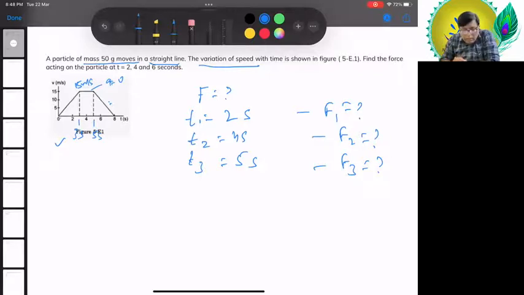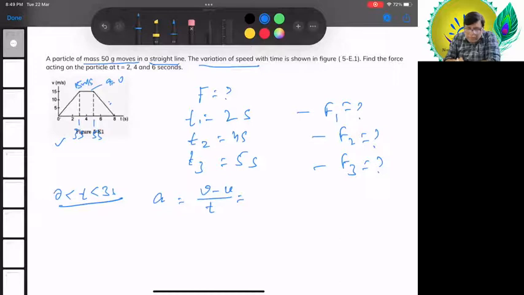So let us find out what is the acceleration for time 0 to 3 seconds. As acceleration is constant, we can say that average acceleration is equal to acceleration for the path from 0 to 3 seconds. Acceleration becomes final velocity minus initial velocity upon time taken.